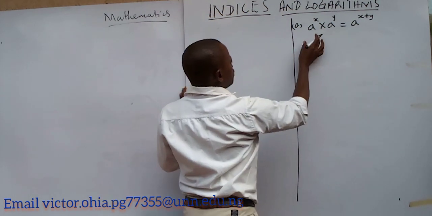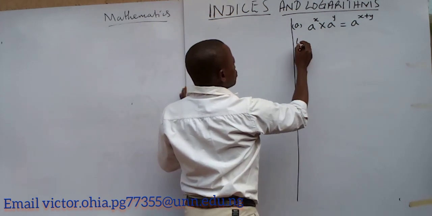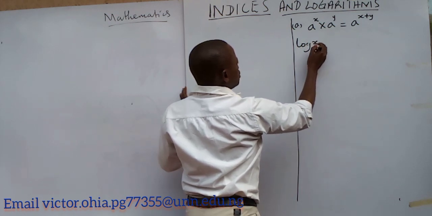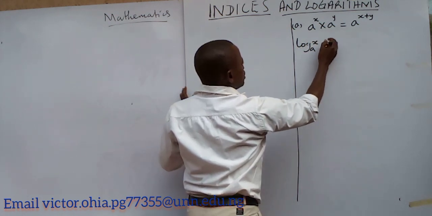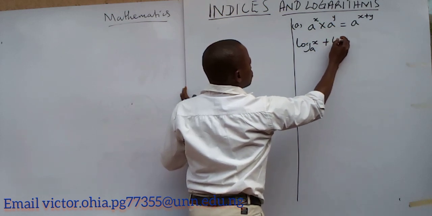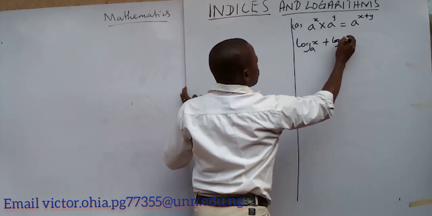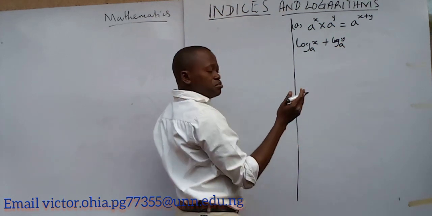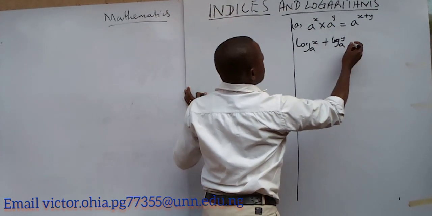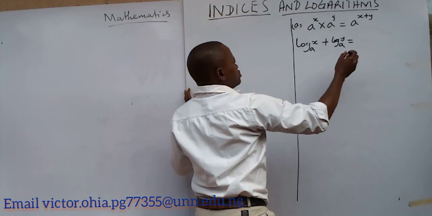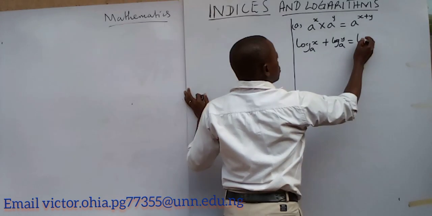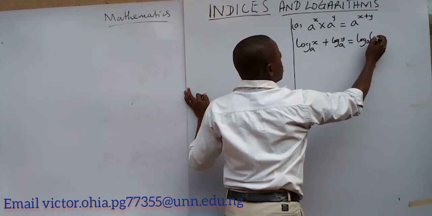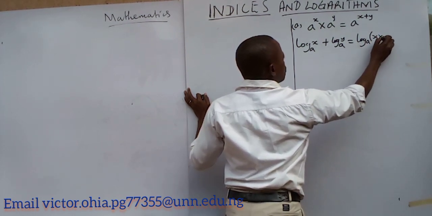If you have log x in base a added to log y in base a, they have to be in the same base, then this will become log in base a of the bracket x times y.